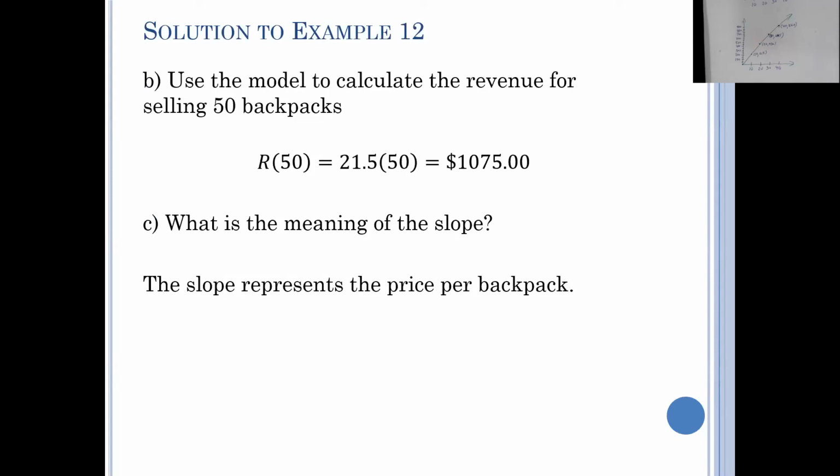And then the last question is, what is the meaning of the slope? The slope represents the price per backpack. Remember my slope is 21.5. So you're comparing cost, or revenue actually is the best term, and then here you're talking about units, so it's backpacks.